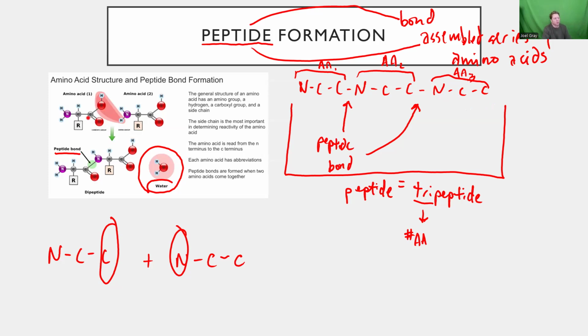Now, there are a couple of things that are important about a peptide. One thing is the N termini and the C termini.